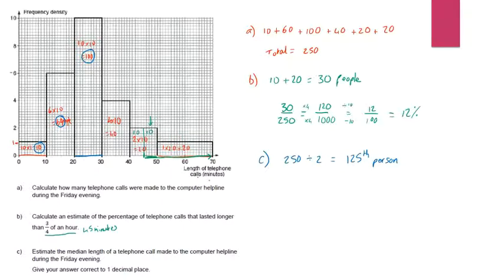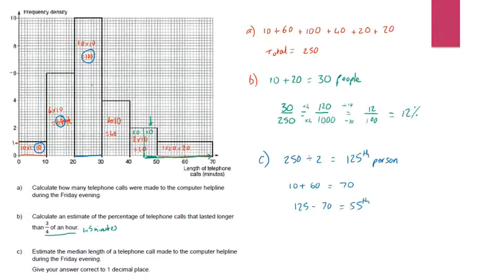So the 125th person is going to be in this bar between 20 and 30 minutes. We know that we had 70 people in the first 2 bars. To get to the 125th person, if I find the difference, it's the 55th person in this bar, which has 100 people. So it's just over halfway into this bar.